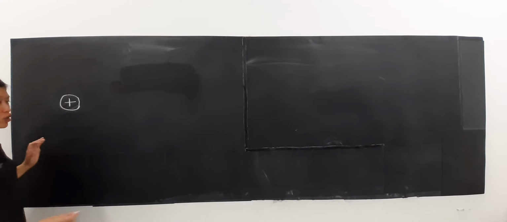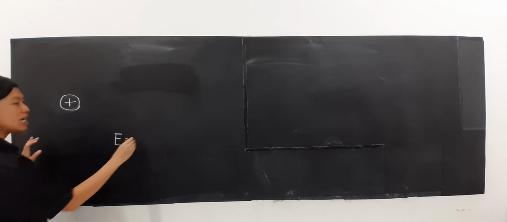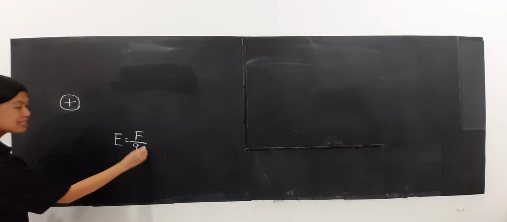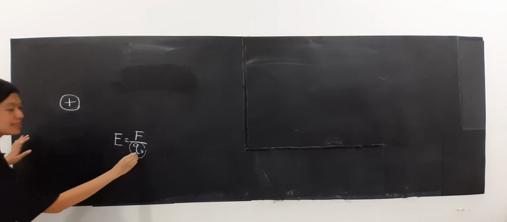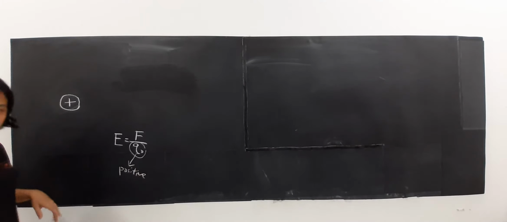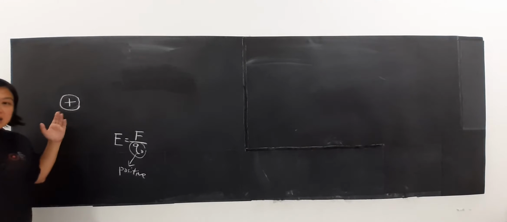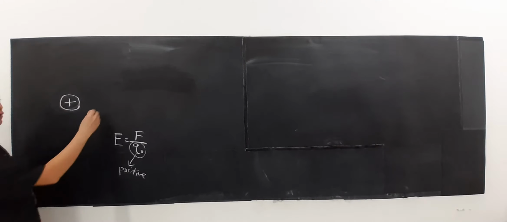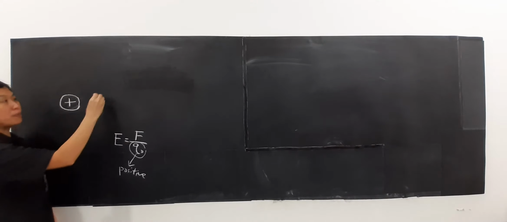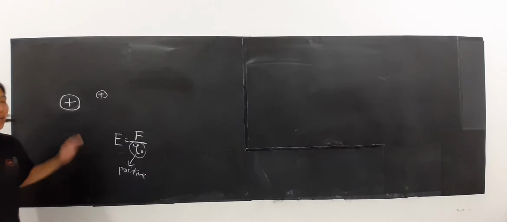The definition of electric field is F over q naught, and this q naught always stands for a positive test charge. So in order to draw the direction of the electric field line, I always put a positive test charge at any point surrounding the point charge here.